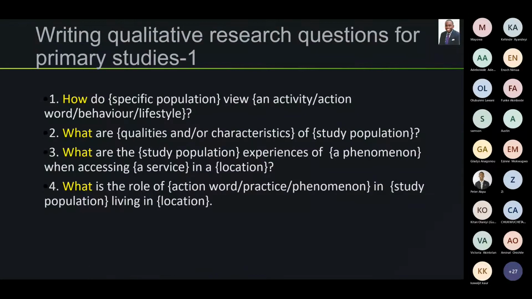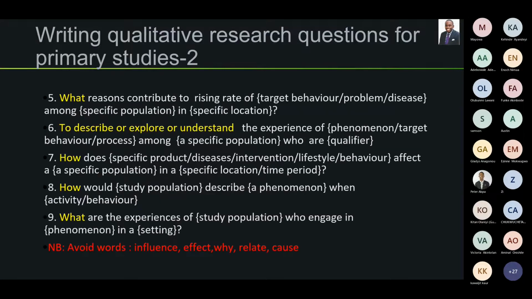Yeah. So these are just examples of research questions that you can use in primary studies, primary qualitative studies. Remember the word is what? Primary studies. Then it is qualitative in nature.